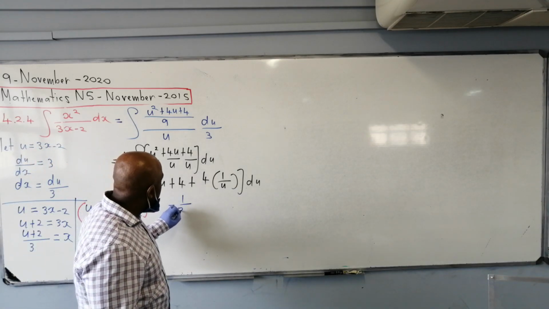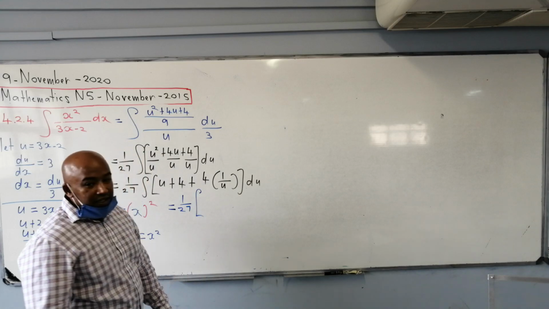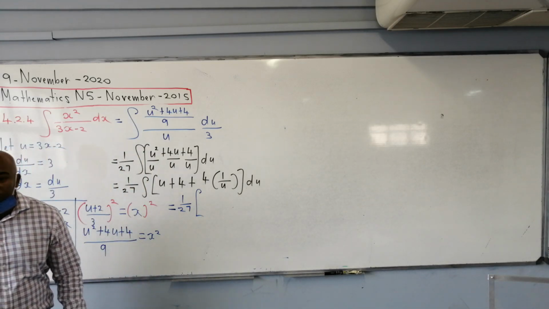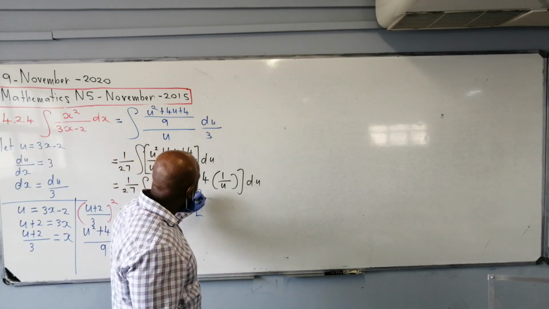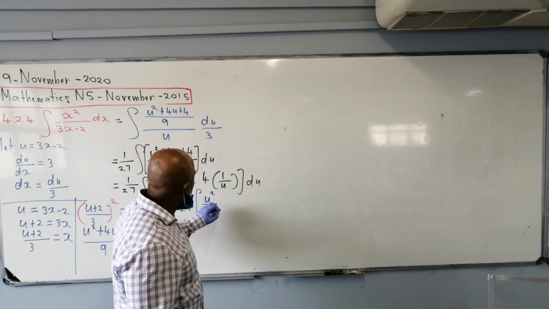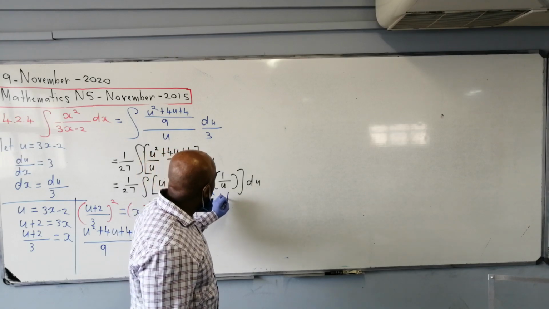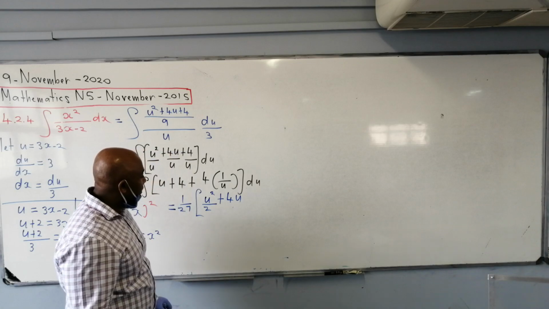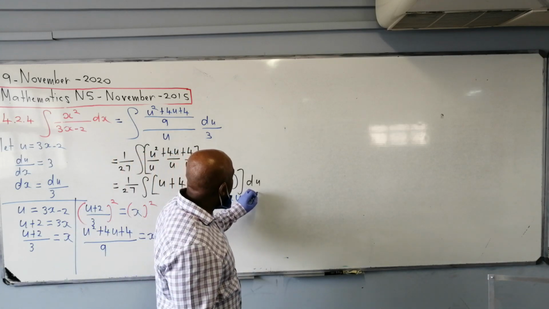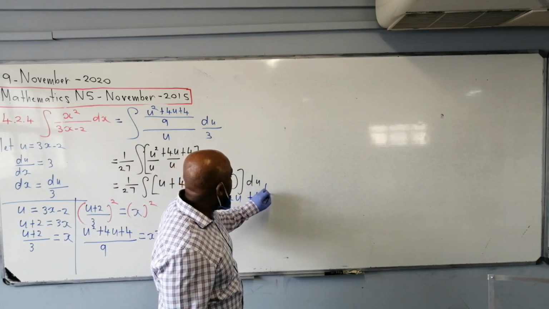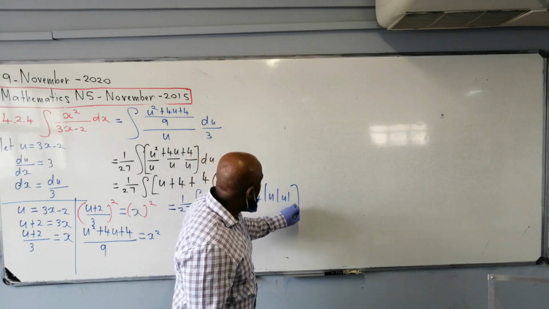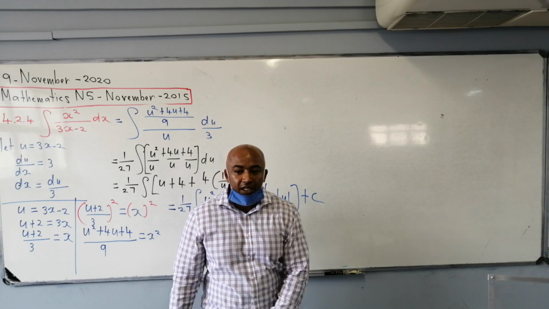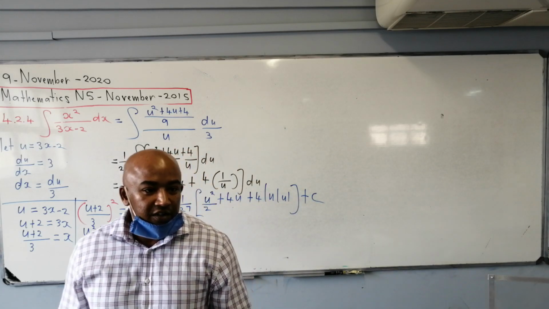So I've got my 1 over 27 there. Integrate with respect to u. So this is going to be u squared over 2 plus integrate 4 will be 4u. Integrate 4 times 1 over u. When you integrate 1 over u, it's ln absolute value of u plus c. When you're done, substitute back for u.